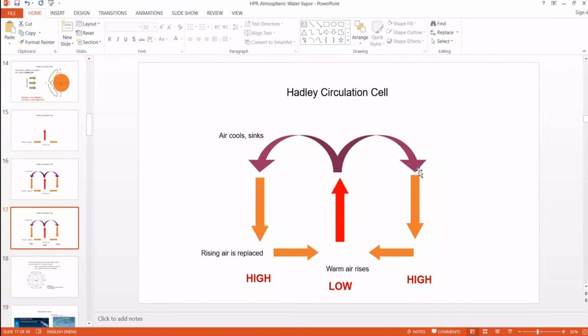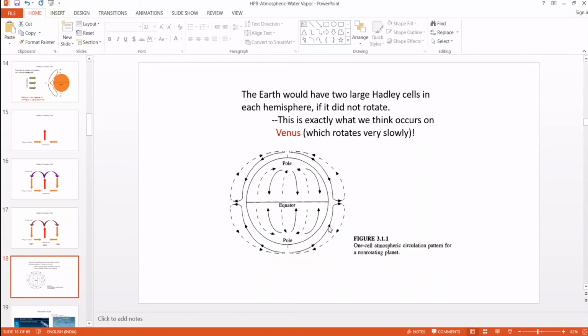So due to this downward flow of air, there is a high pressure zone here, and at the equator, the air is lifted up, so there is a low pressure region. So due to this low pressure and high pressure, the wind moves from higher energy to lower energy. That is shown here, this is a Hadley cell.